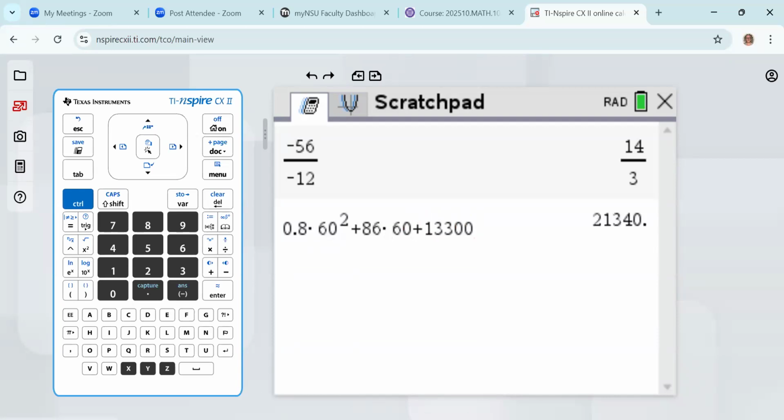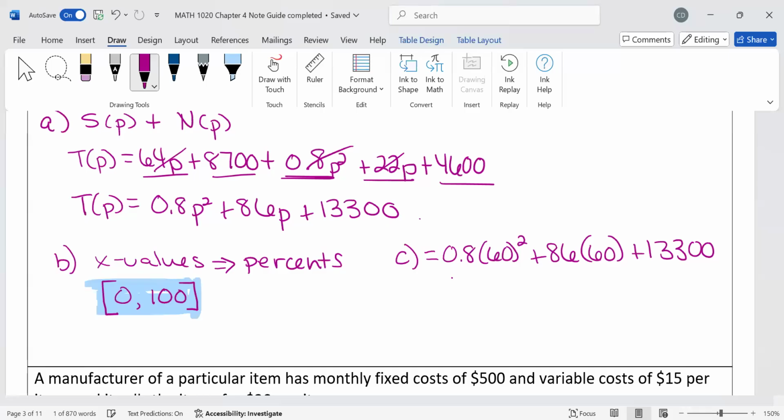So the stadium's capacity is 21,340. So I just used this equation, total number of tickets sold.